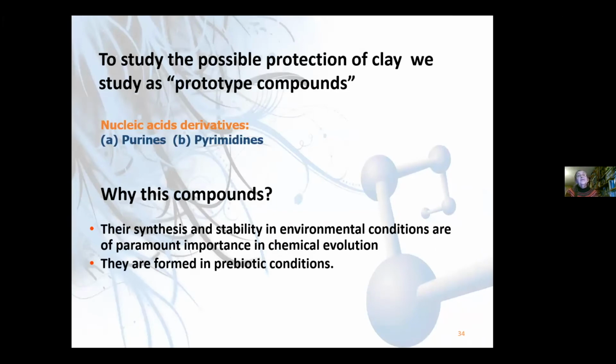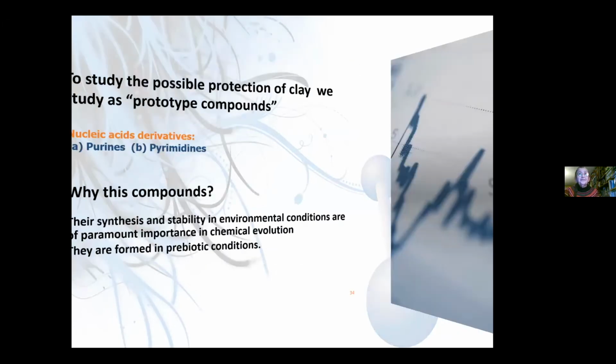To study the possible protection role of the clays, we study prototype compounds to simplify and make a systematic study. So we chose purines and pyrimidines because their synthesis and stability in environmental conditions are of paramount importance in chemical evolution. They are formed in prebiotic experiments.